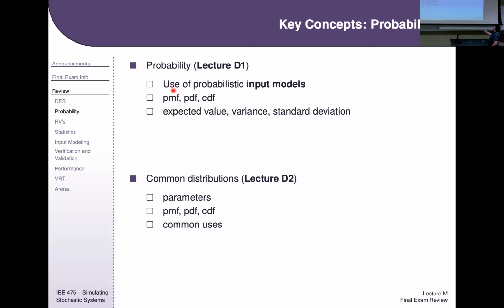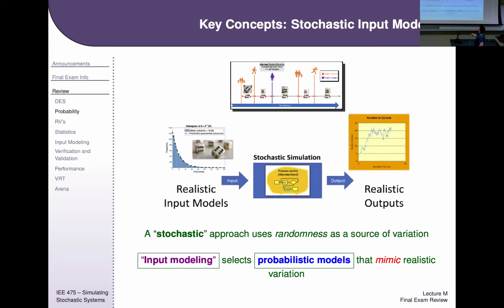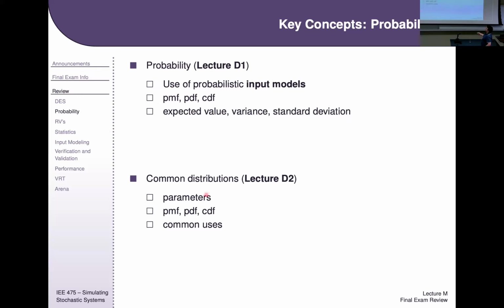Know the difference between a PMF, a PDF, a CDF, and the difference between expected value and standard deviation. Those common distributions that we've talked about, I think I've got a cheat sheet for some of those in maybe a slide or two. Know the common parameters, like know that an exponential only takes one parameter, a normal distribution takes two parameters.